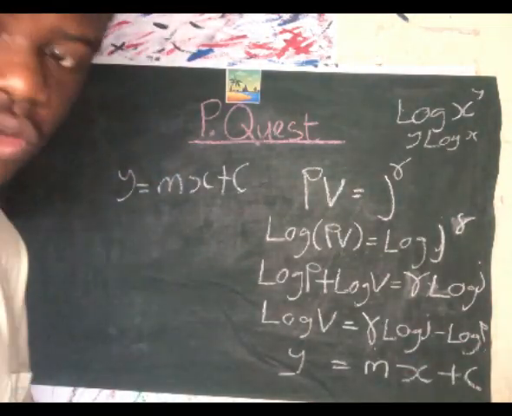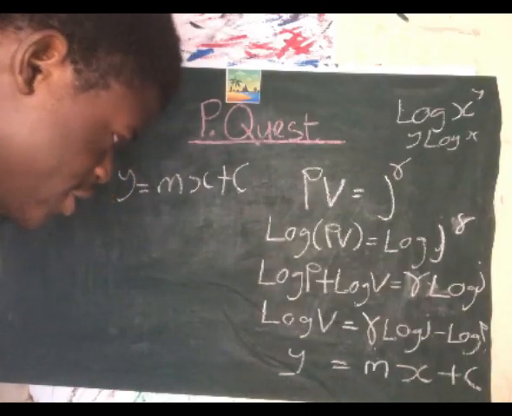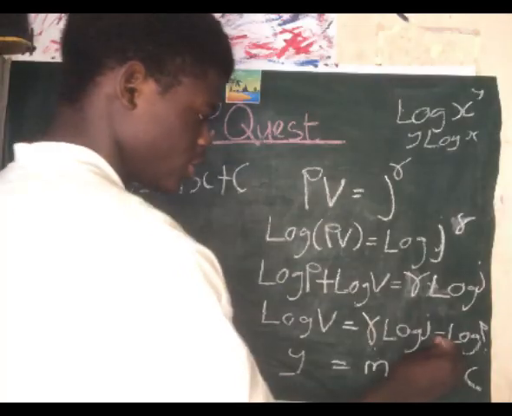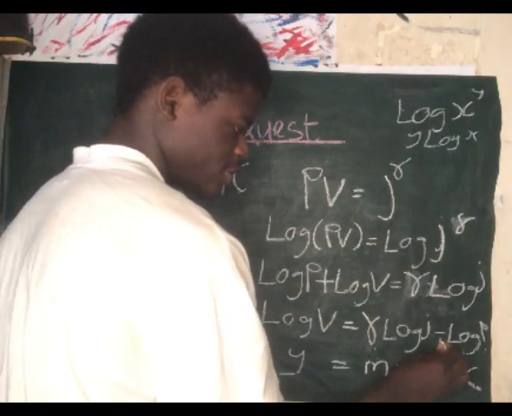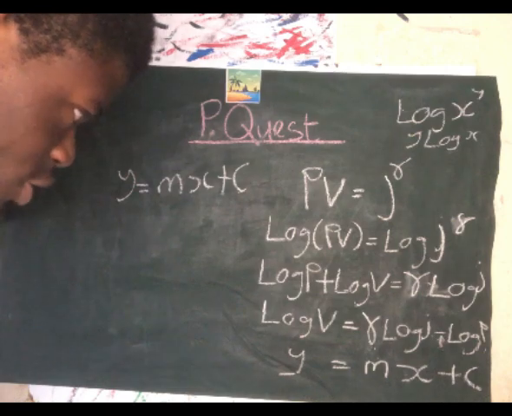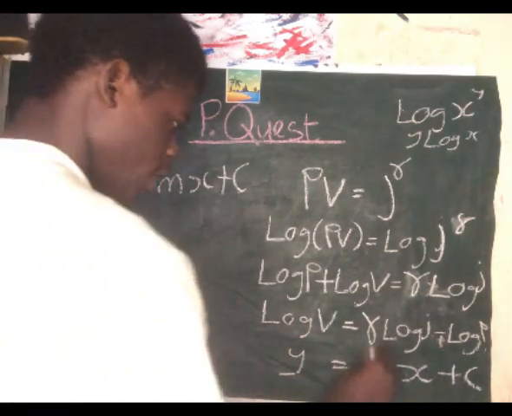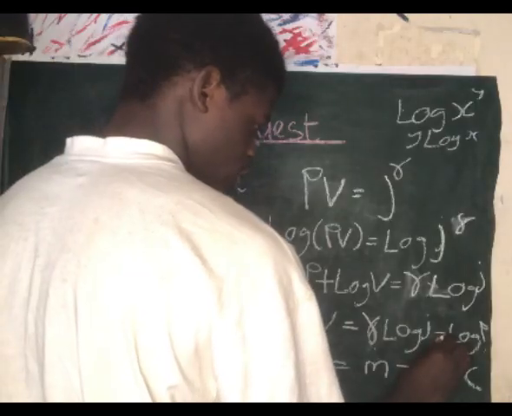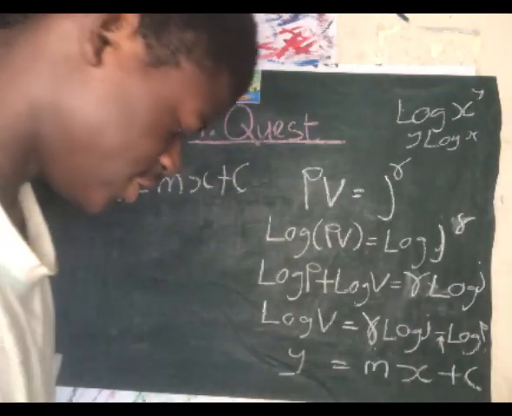No, so B is not correct. C, they said P is negative. Log P is actually negative, you see, because of this negative sign. So that's our answer. And they said gamma is positive, we can't know if the slope is positive or negative. So the most correct answer will be C.